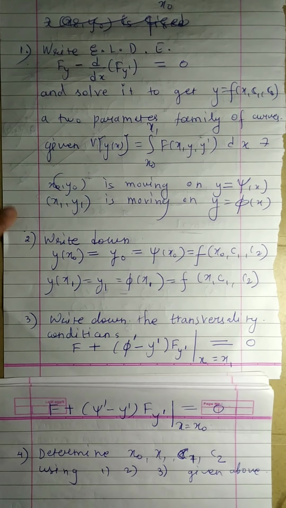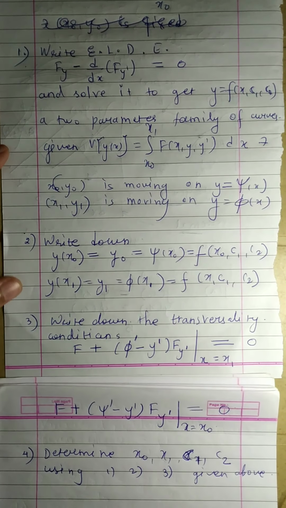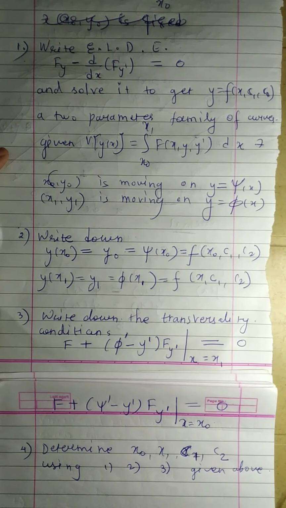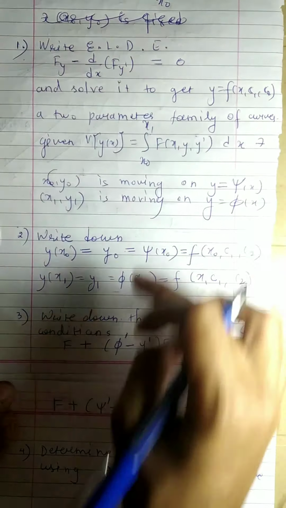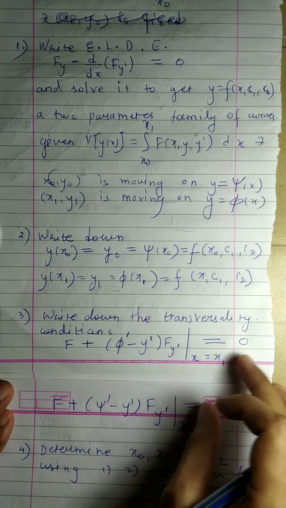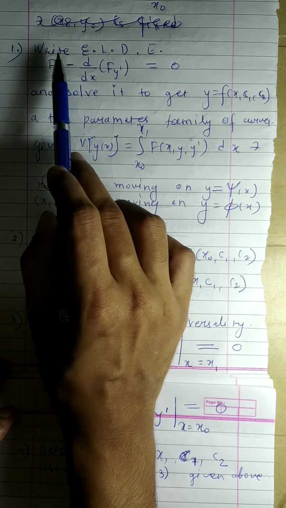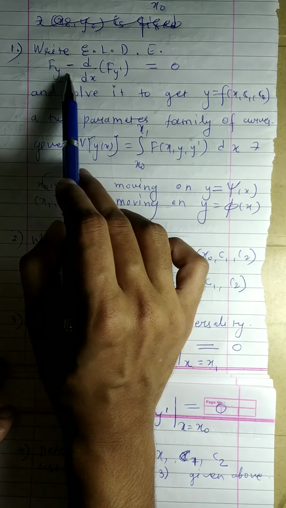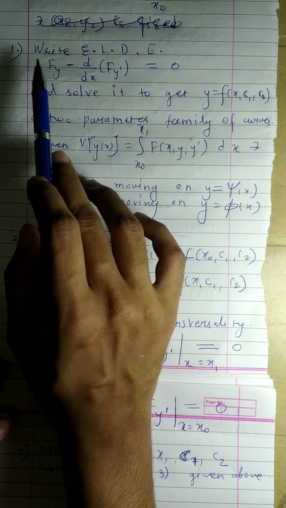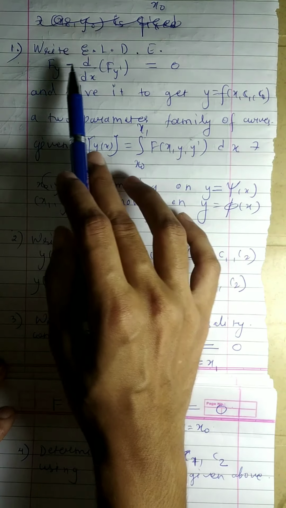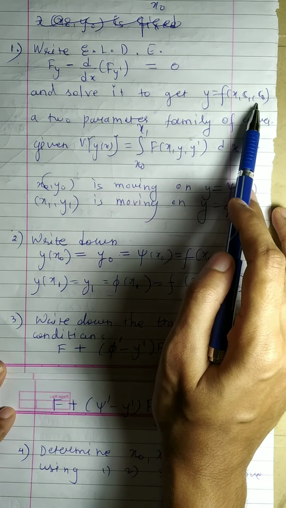So these are the 4 steps that we will have to follow in order to solve the variational problem with moving boundary. Okay, now if you directly see these steps, what do we do here? First, we take the Euler-Lagrange differential equation, and by using the methods that we have already learned in the previous lectures, we solve it to get such a two-parameter family of curves.